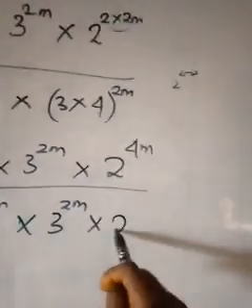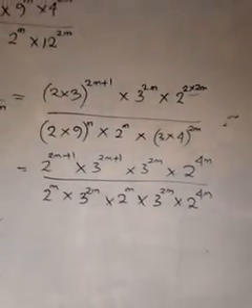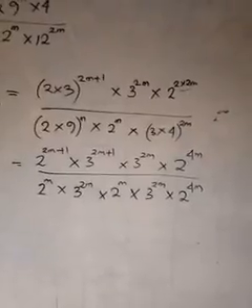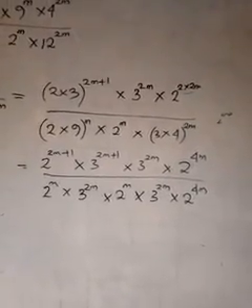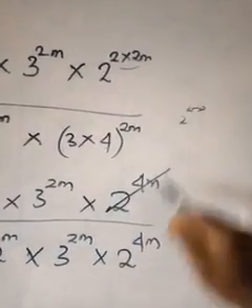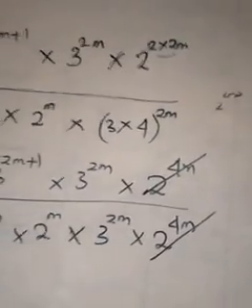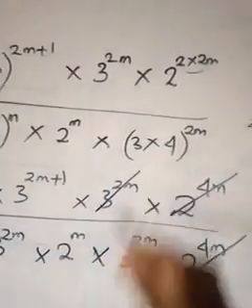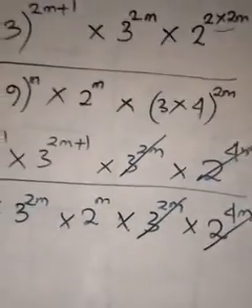That will give us 2 raised to the power 4m. Now look at this. Before we proceed, we can try to reduce the index numbers that we have. To start with, 2 raised to the power 4m can cancel 2 raised to the power 4m. 3 raised to the power 2m can remove 3 raised to the power 2m.